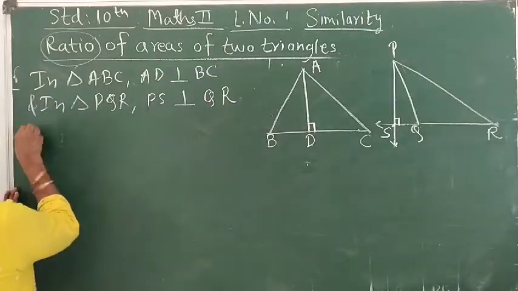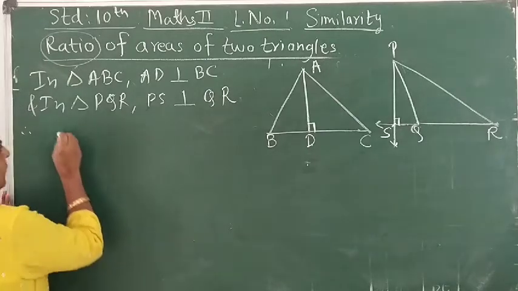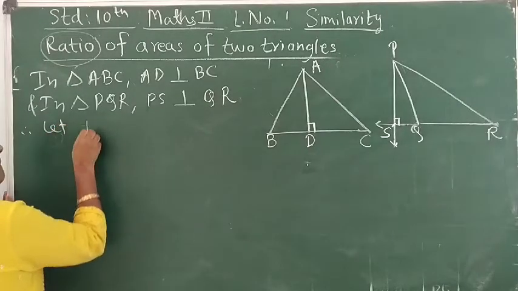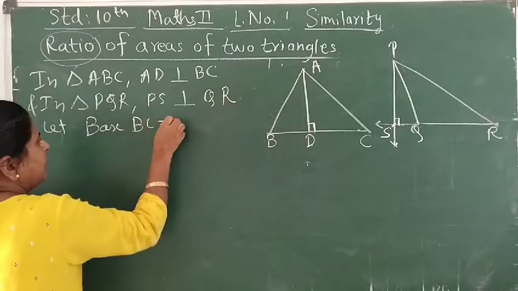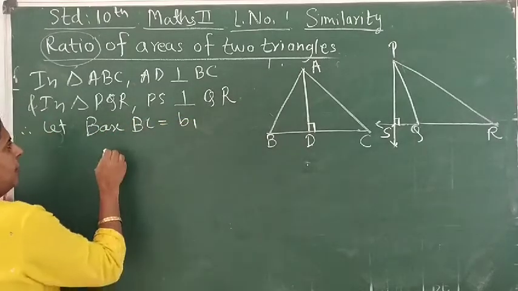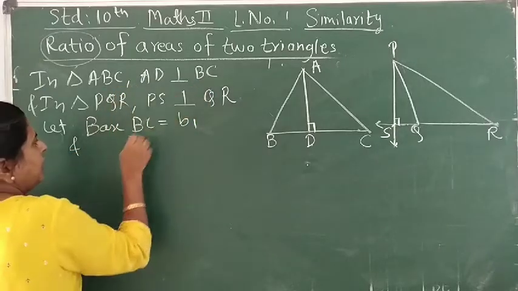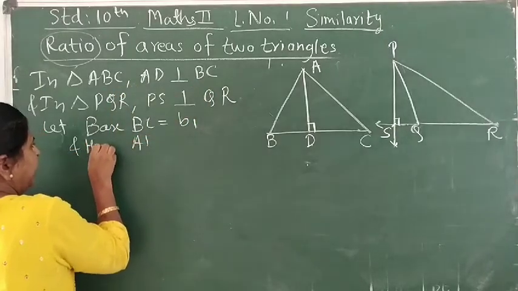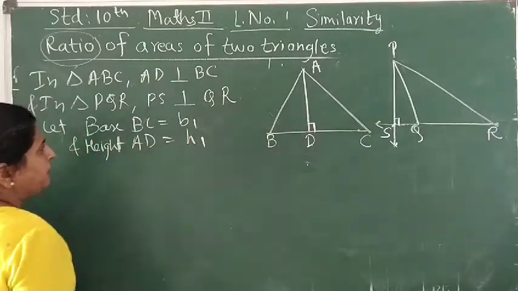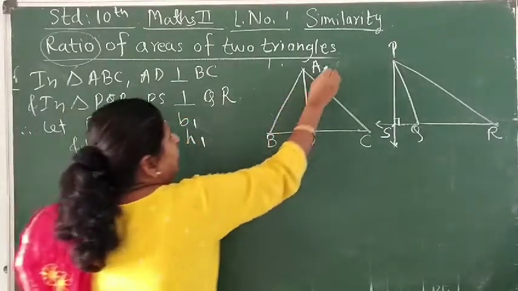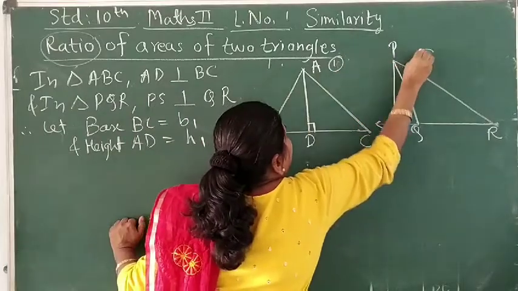Therefore, we can say base BC of the first triangle is taken as B1, and height AD is taken as H1, because this is triangle number 1, ABC, and this is triangle number 2.